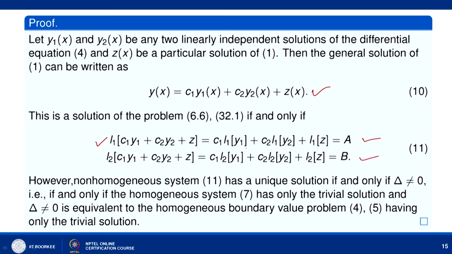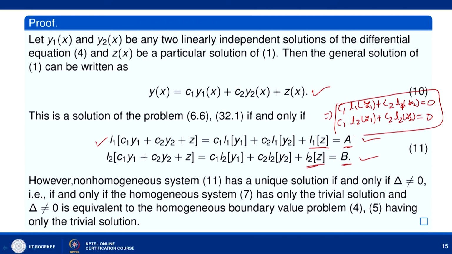If you simplify this, since L1 z is equal to A and L2 z equal to B, equation number 11 reduces to C1 L1 y1 + C2 L1 y2 = 0, and C1 L2 y1 + C2 L2 y2 = 0.